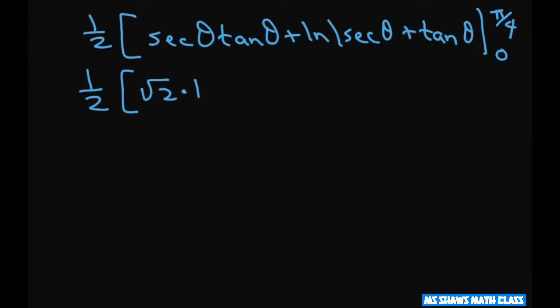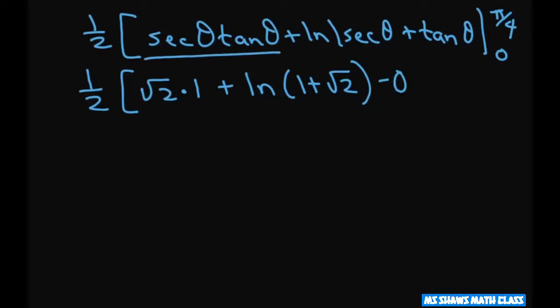And then plus ln of 1 plus square root of 2, or you can switch those around. And then when you plug in 0, you're just going to get minus 0 for this part. And when you plug in 0 here, you're going to get minus ln of 1 minus 0.